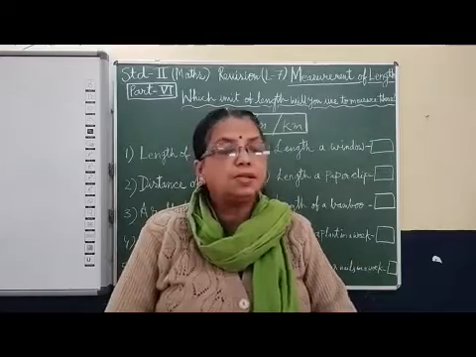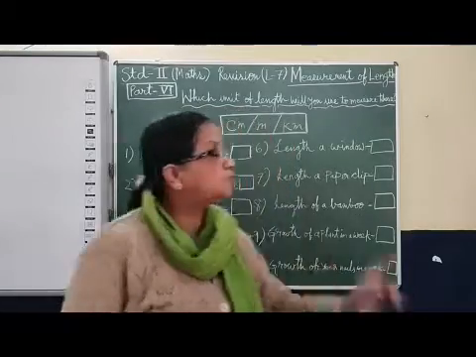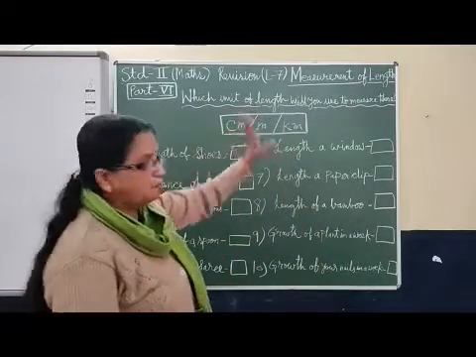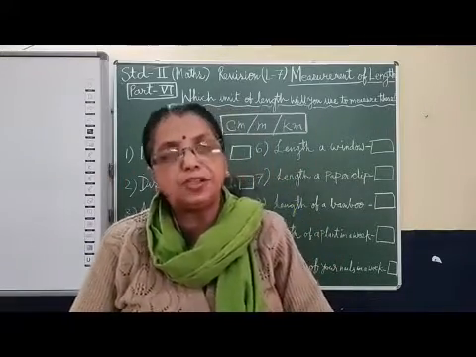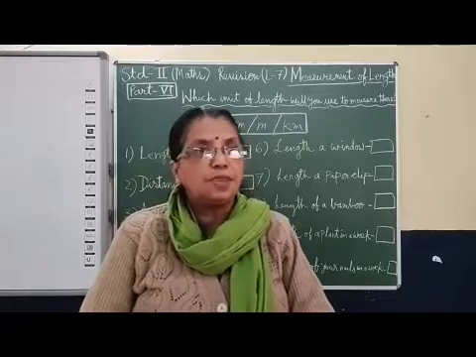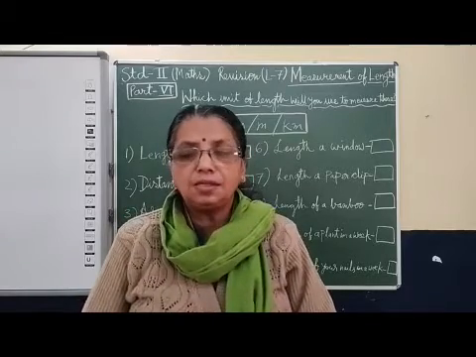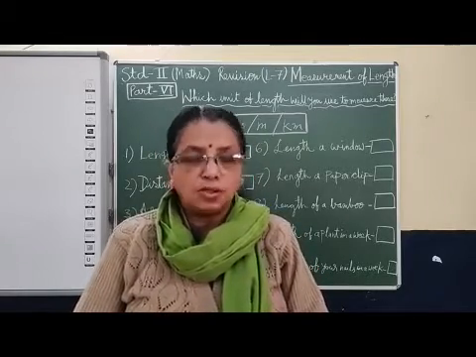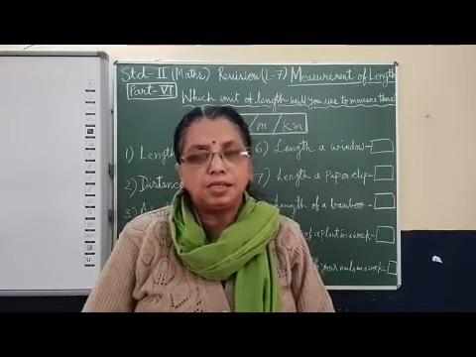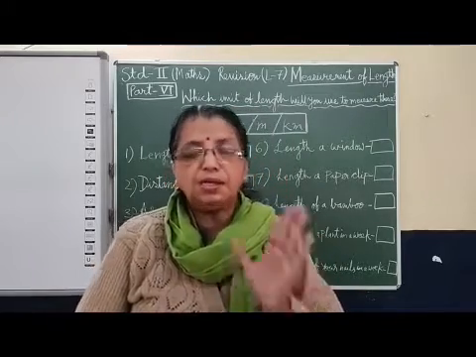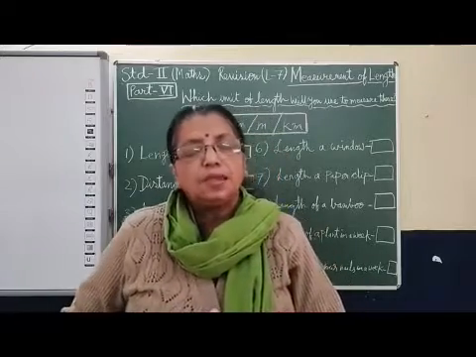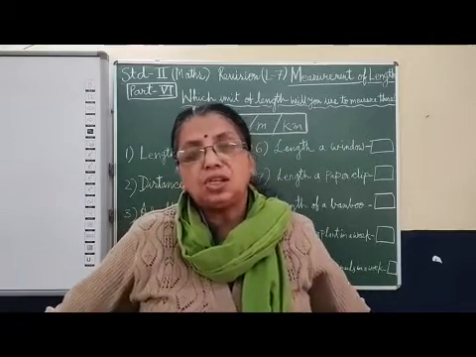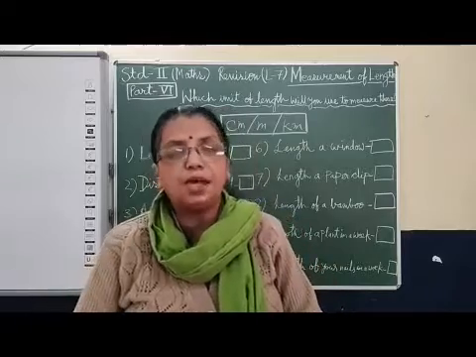Now we have started revision of chapter 7, measurement of length. We have done different activities and exercises. Related to length, we have learned non-standard units, that is handspan, cubit, fingers. In the same way, with our legs we can measure pace and foot span.